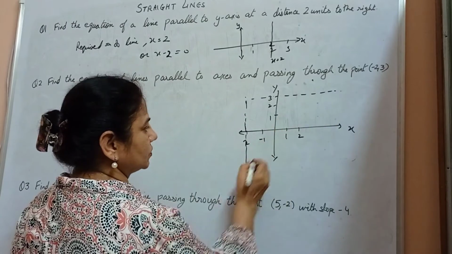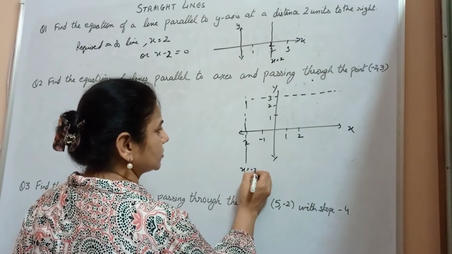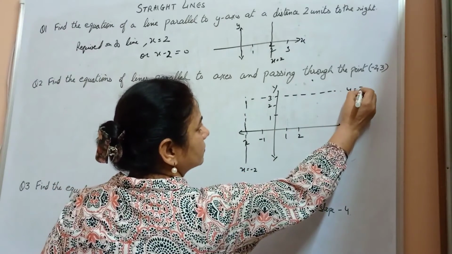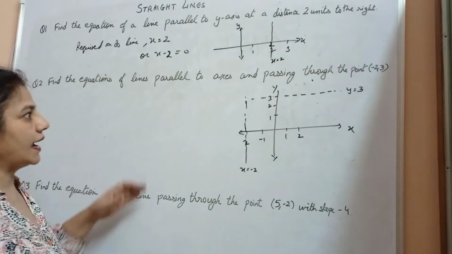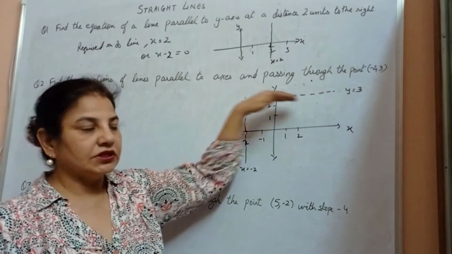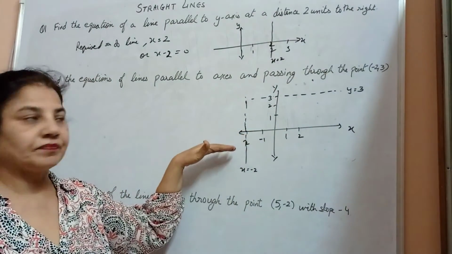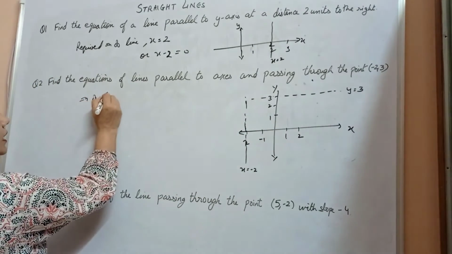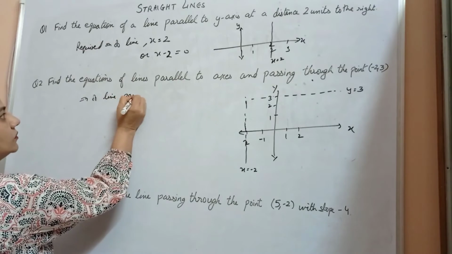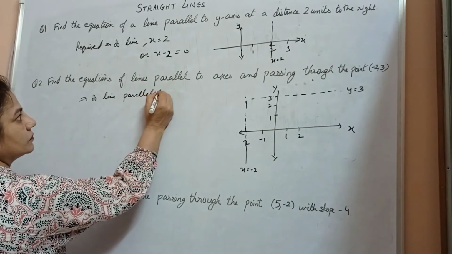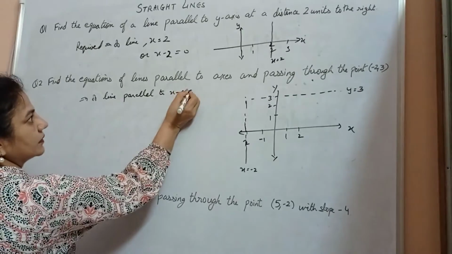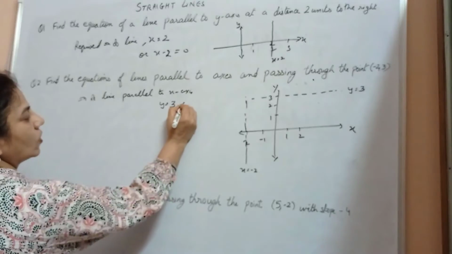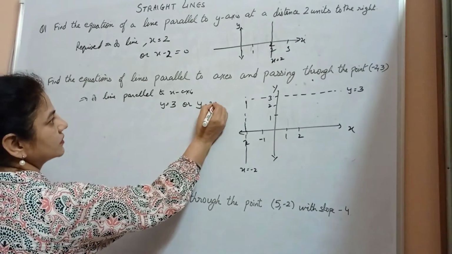This is x is equal to minus 2 and this is y is equal to 3. So the line y is equal to 3 is parallel to the x-axis. So the equation of the line parallel to the x-axis is y is equal to 3, or you can say y minus 3 is equal to 0.